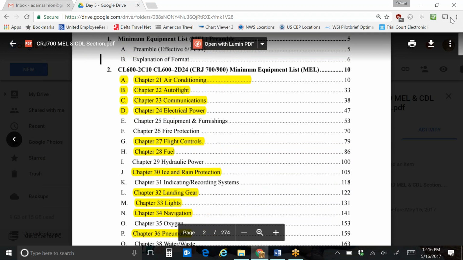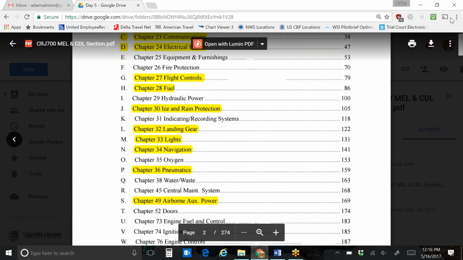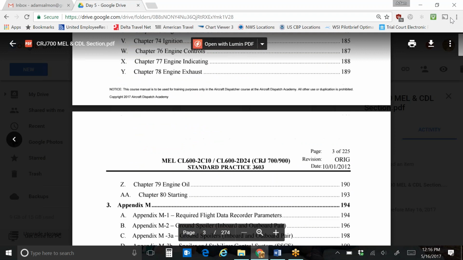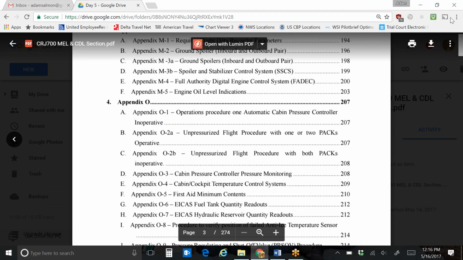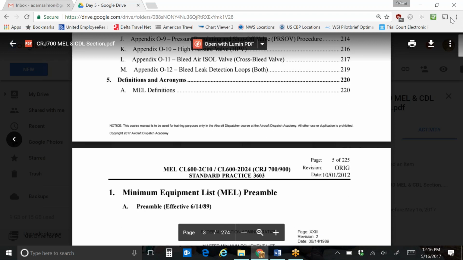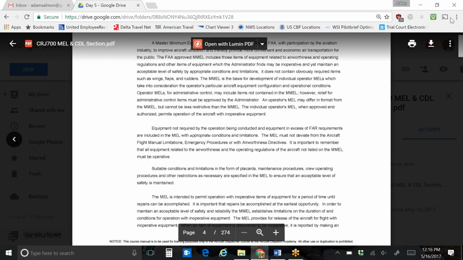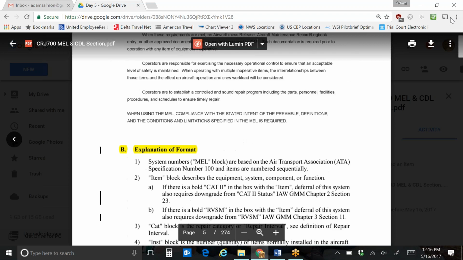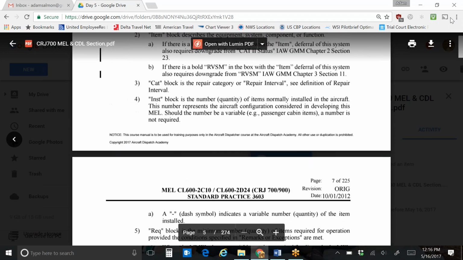Now, some are going to have more than others, but just as an example, I'll scroll down here. Well, first off, I should go back and say I've highlighted the chapters. Then as you scroll down here, I want everyone to read through this section here.